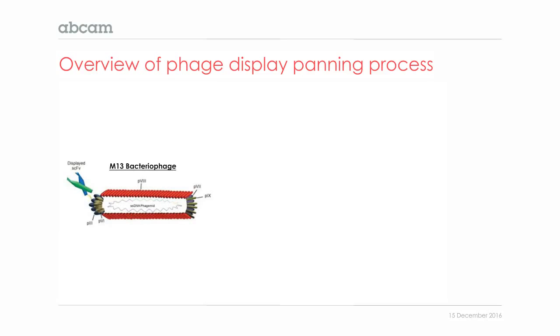And what I want to do is draw your attention to the P3 coat protein on the left side of the screen. The P3 coat protein is present at 5 copies on the phage particle surface, and this is typically used as a fusion partner for an antibody fragment, such as an scFv.